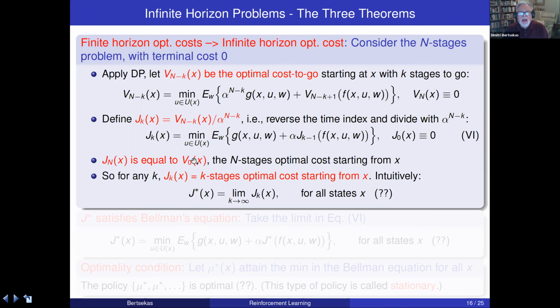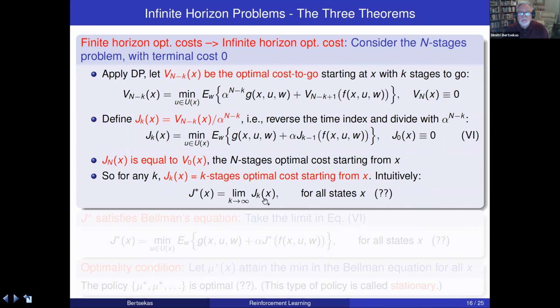So more generally, every time you crank this iteration here, it gives you the optimal cost function of a problem that's one stage longer, okay? J_k of x is the k-stages optimal cost starting from x. And intuitively, you would expect that the optimal cost is the limit of the k-stages optimal cost for all states.